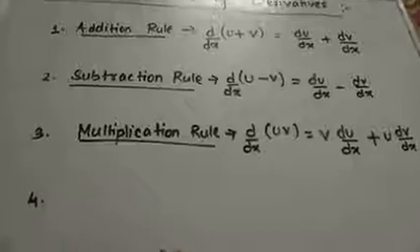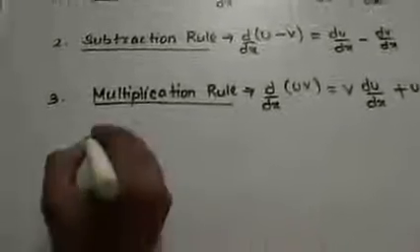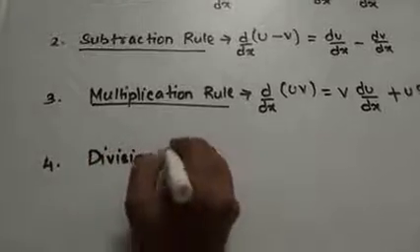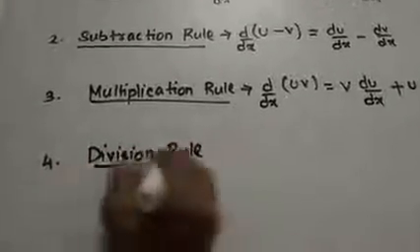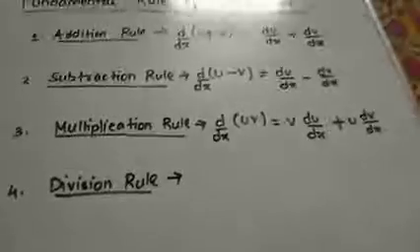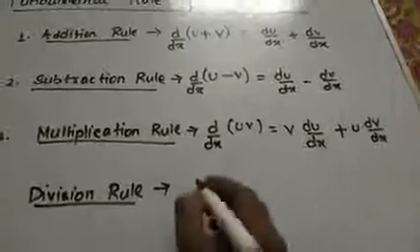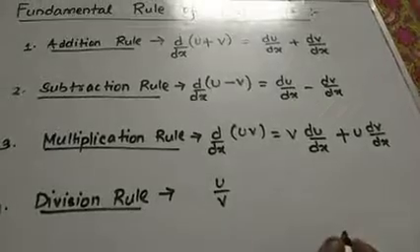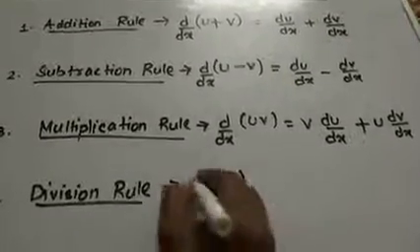And the most important, the last one, that is the division rule. Now the division rule says that two functions are in the form of a quotient and now we have to differentiate them.